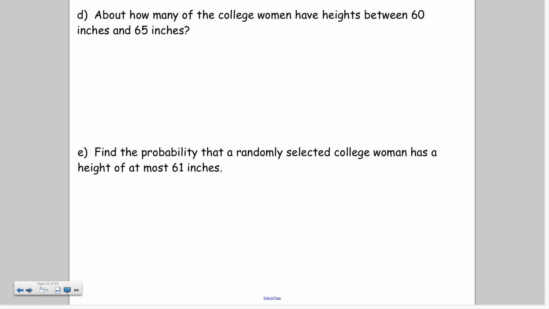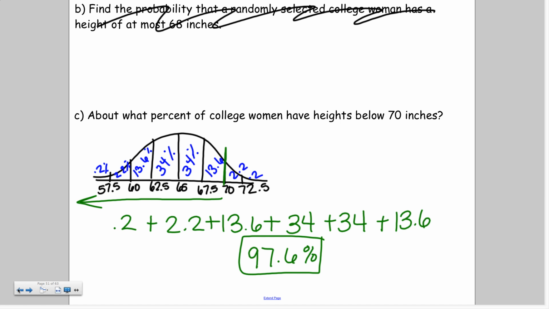All right, let's go to the next one. So, how many college women have heights between 60 and 65 inches? Okay, so there's 3,000 women. We're looking for between 60 and 65 tall. So we have 13.6 and we have 34. We're going to add those two percentages together.